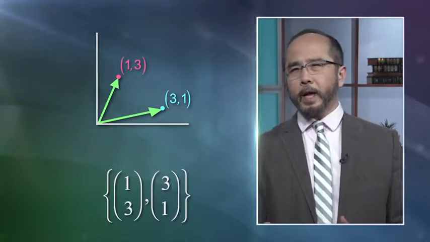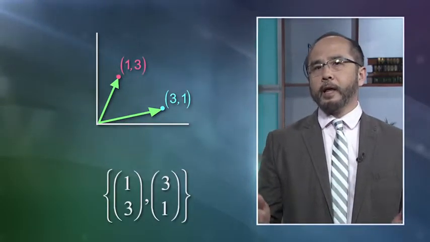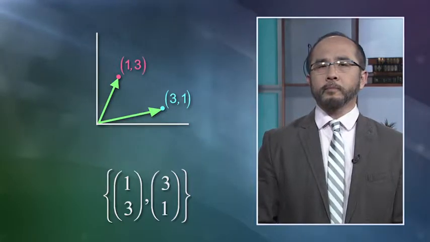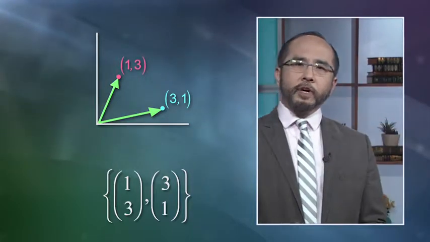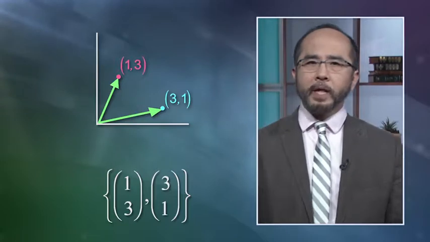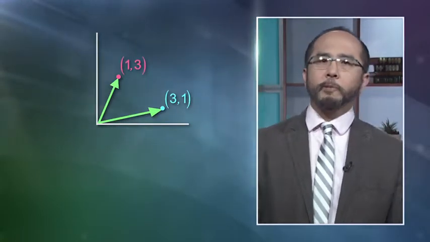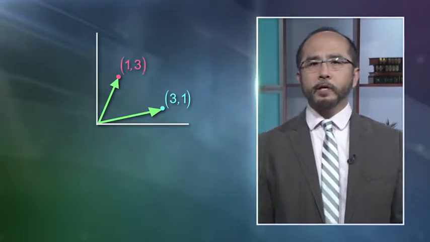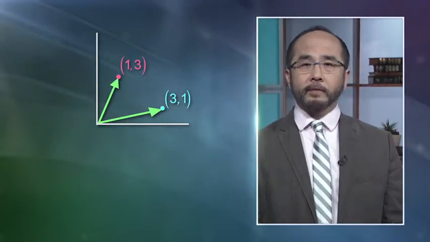All right, what about the span of the vectors 1, 3 and 3, 1? Again, the vectors are in the plane R2 and they should span at most a plane. We expect that as long as they don't point in the same direction, they should span the whole plane. Now, it may not be as obvious how to construct an arbitrary vector A, B as a combination of 1, 3 and 3, 1.